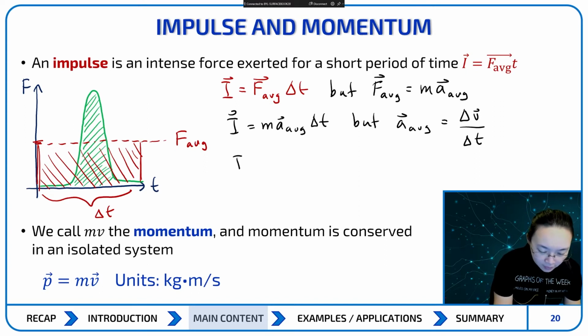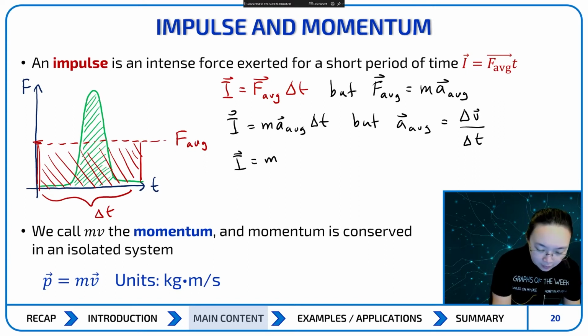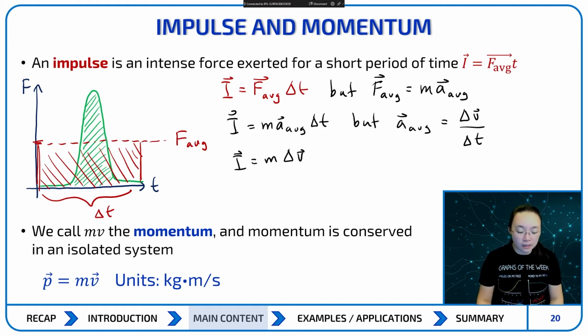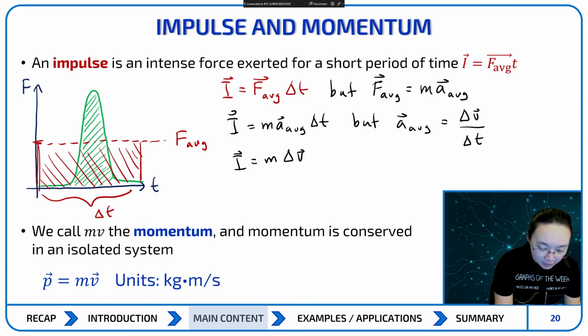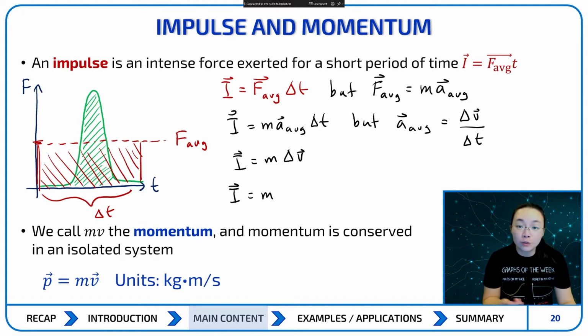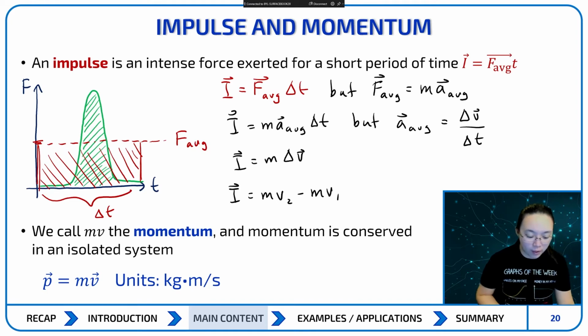I have I is equal to m delta v, exactly like this, because the t's cancel out. So what this is telling me is I is equal to m multiplied by v2 minus v1, because it's a change in velocity. So I have mv2 minus mv1.